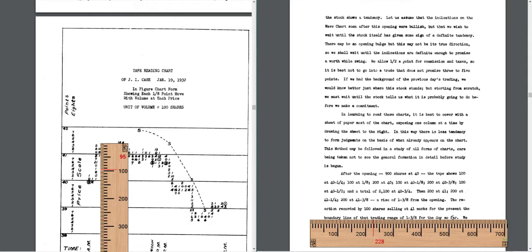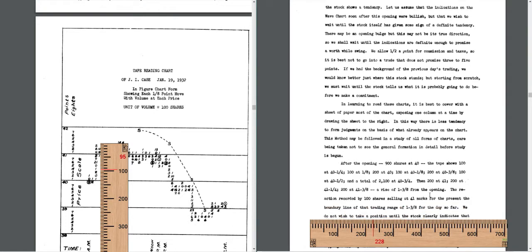So what does he mean by 1 3/8? All he's talking about is here you go from 40 to 41, 41 and 1/8, 2/8, 3/8. So the high, you see that, to the low is 1 3/8. So this is the trading range of 1 3/8.